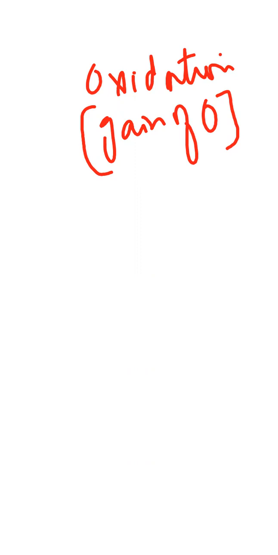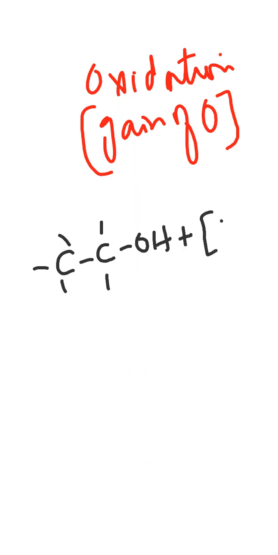Let's bring a compound CCOH. The empty bonds are filled with hydrogen. This is alcohol. So the example of oxidation reaction is, see, this is alcohol. I am adding oxygen here.